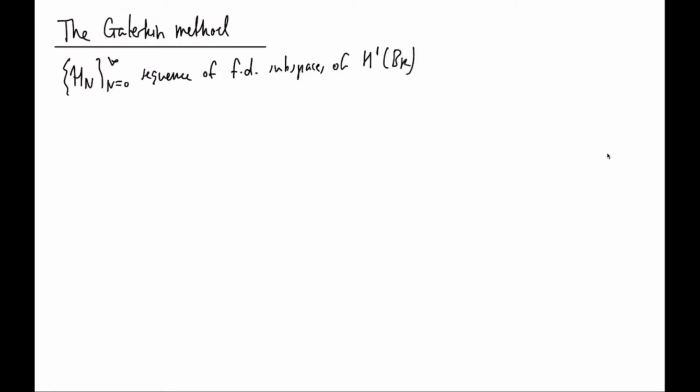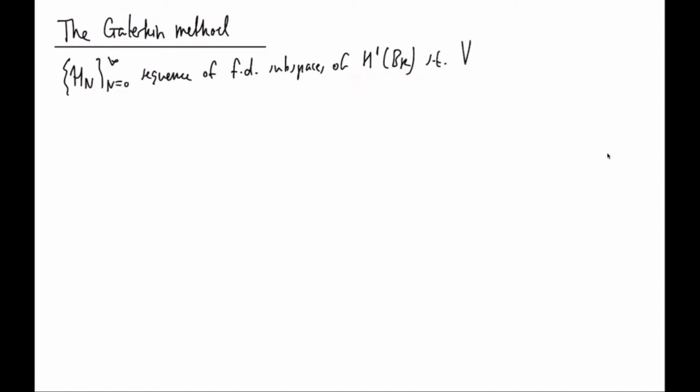So if we choose H_n, let's say n is 0 to infinity, a sequence of finite dimensional subspaces of the Hilbert space we're working in, H1(B_R). Okay, and these are going to be chosen such that, informally, as n gets larger, these spaces fill up the space H1(B_R).